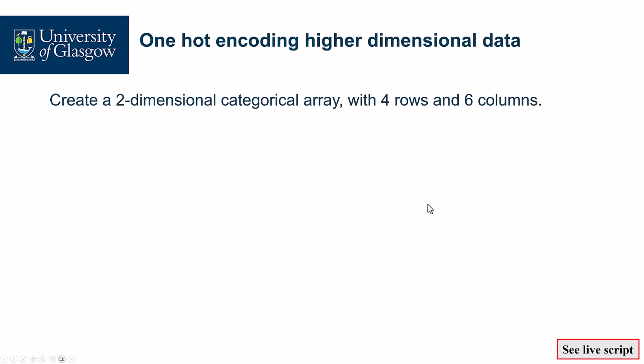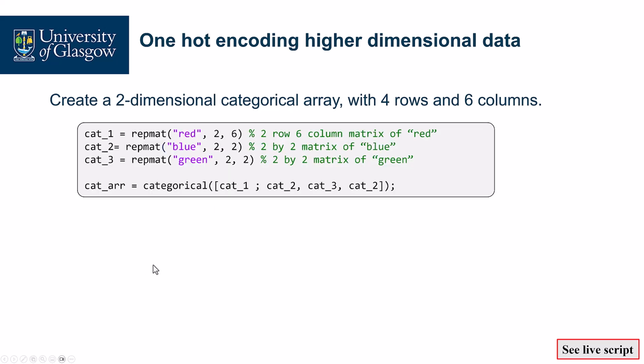So what will we do for higher dimensional data one-hot encoding? Let's see. We first create a 2-dimensional categorical array, 4 rows and 6 columns. We can see red, blue, green; I use the repmat function that we talked about 2 weeks ago to repeat them, and I use the new matrices to form a matrix.